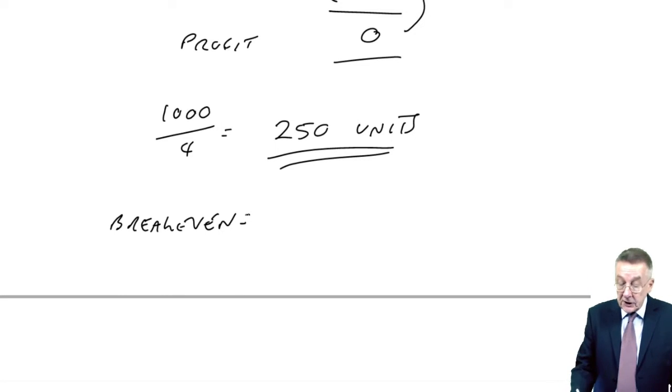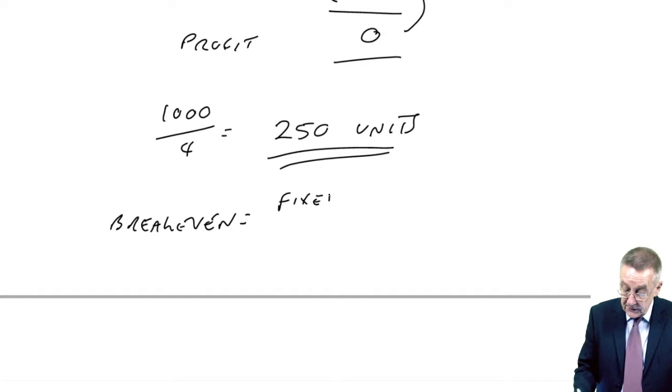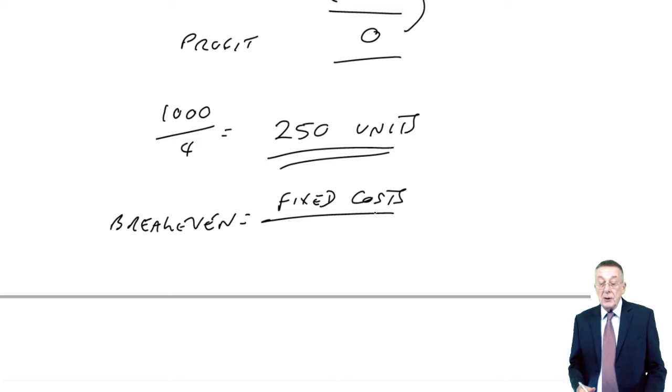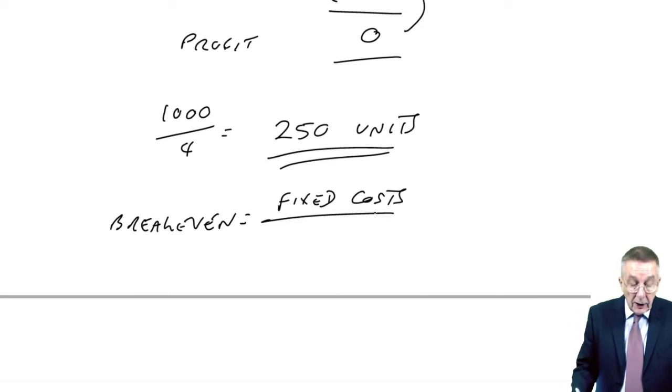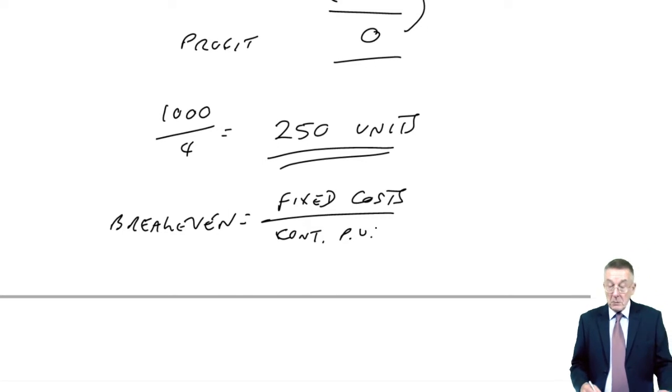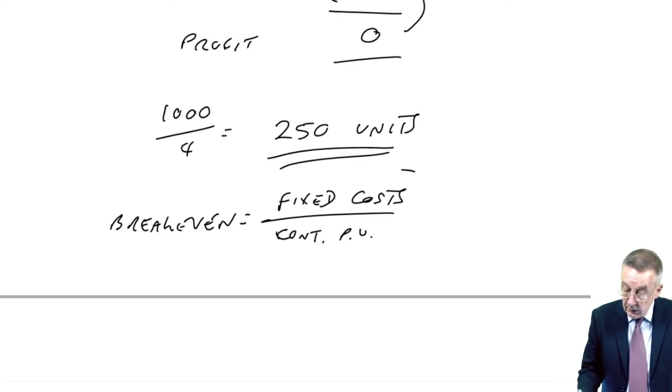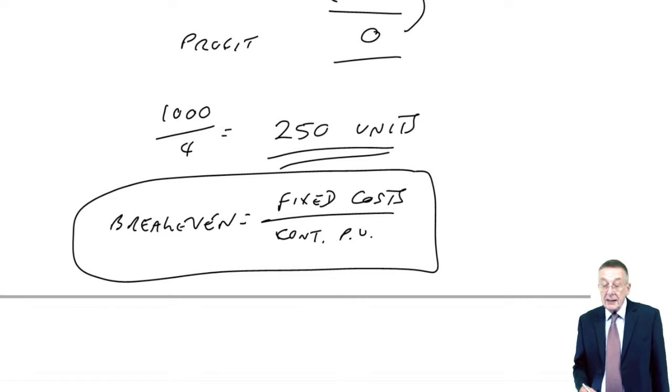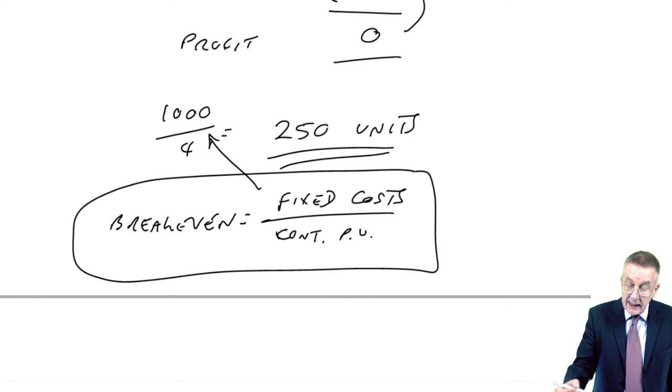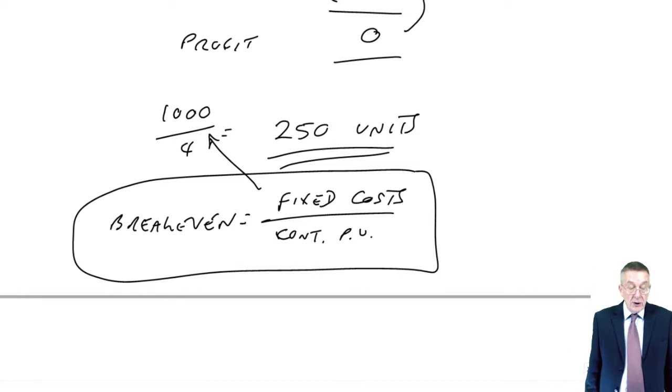To end up with 0 profit, total contribution is the fixed costs. To get that total contribution, divide by the contribution per unit. So not very pretty, I'm afraid. I'll try and write a bit neater. But that's, of course, exactly what I did. Fixed cost divided by contribution.